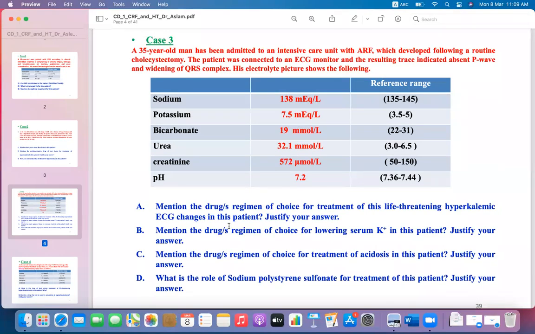The patient is 35 years old, with acute renal failure following cholecystectomy. The patient's ECG shows absent P wave and widening of the QRS complex.